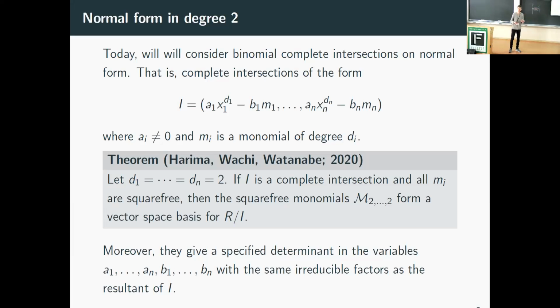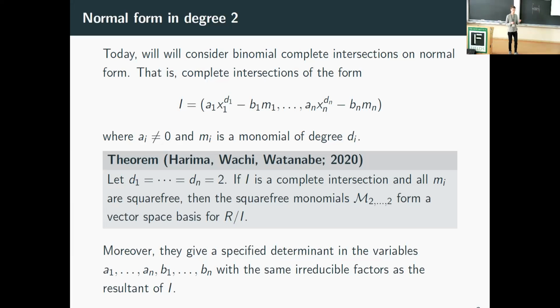So we have the same vector space basis as for the corresponding monomial complete intersection in this case. Moreover, in the same article, they give a specified determinant in these variables ai and bi that gives a criterion for exactly when this ideal I determines a complete intersection or not.